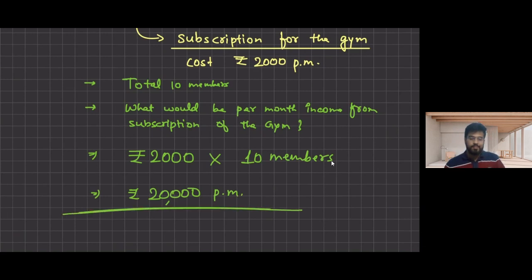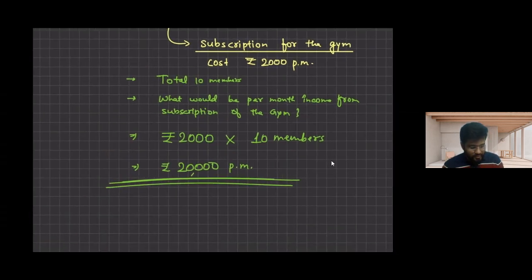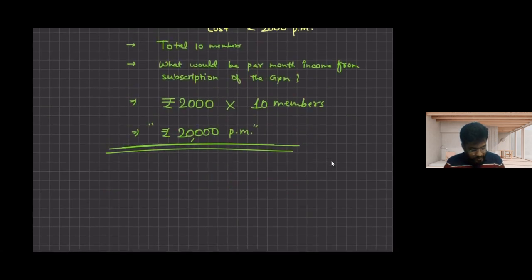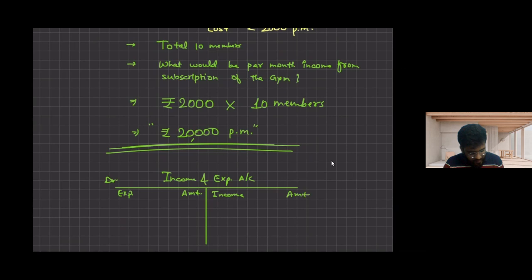Yes, better. This is simple, but line by line, I am going to add a complication to it. This 20,000 is basically the income of the gym for 1 month. If I draw the income and expenditure account, on the debit side we have the expenditure and the amount, then we have the income and the amount.